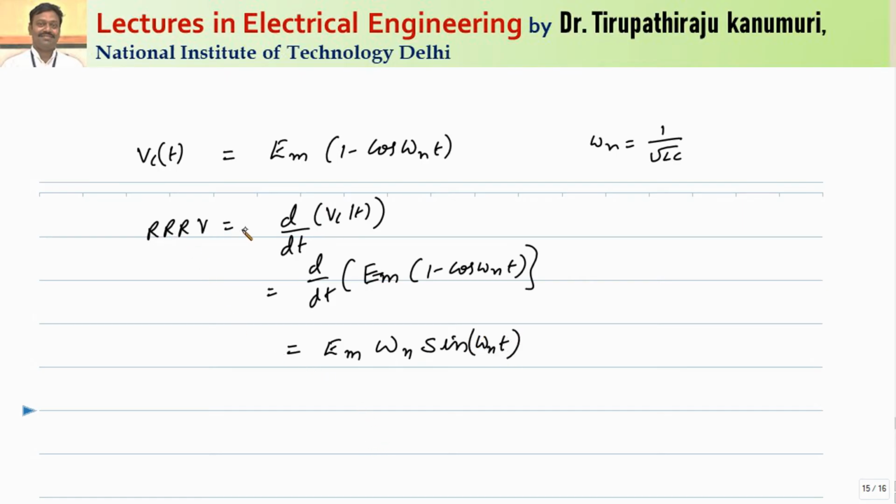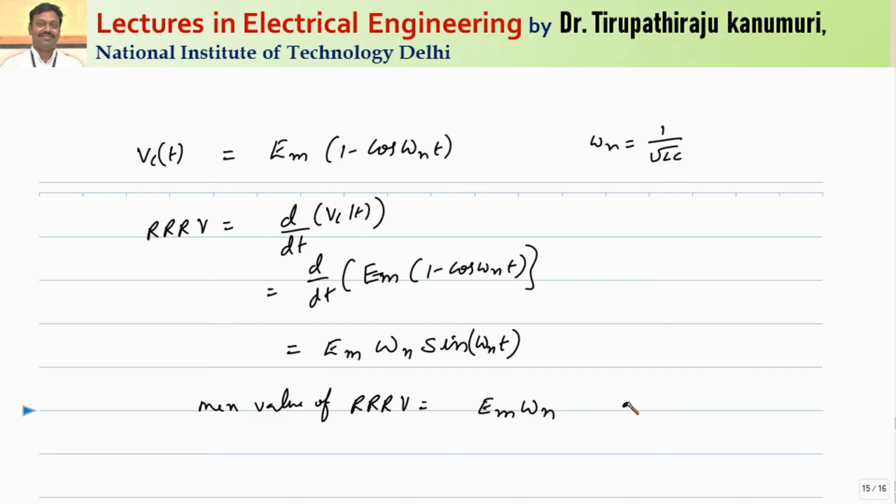This is my RRRV. So what is the maximum value of this RRRV? The maximum value of this rate of rise of restriking voltage will be equal to E maximum into omega n. You agree with me? This is nothing but E maximum multiplied by omega n. Omega n means 1 by root LC. So the maximum value will be equal to E maximum by root LC. That is the maximum value that comes.